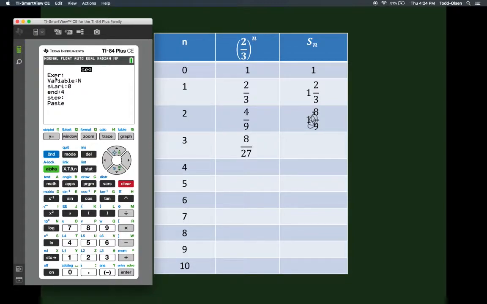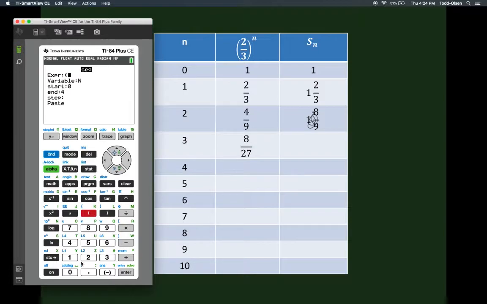So the first thing we have to enter, and notice this is where the wizard kicks in. It's handy because it's a menu-driven feature on the calculator, so it prompts you for what each piece needs to be. The expression in this case is this part I've written right here.